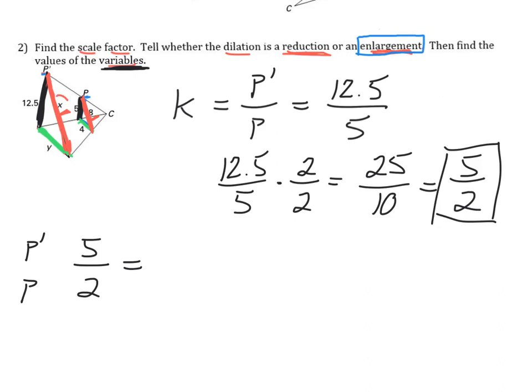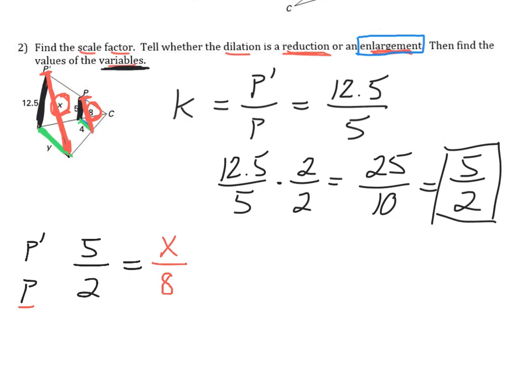Now, x is coming from my image P prime, so I'm going to place x on top on the other side of my proportion. And 8 is coming from the pre-image, so I'm going to place 8 on the bottom. Now I have my proportion set up.